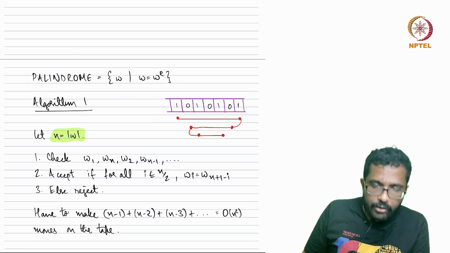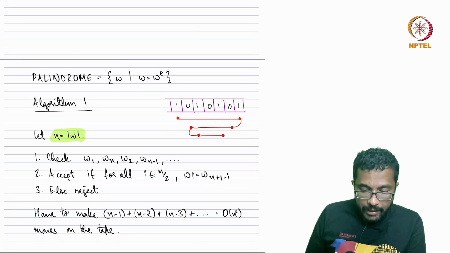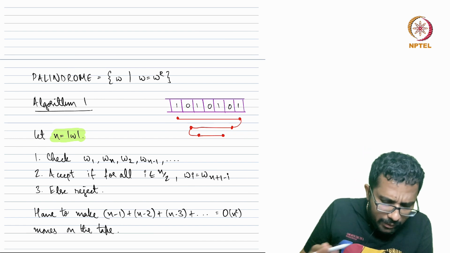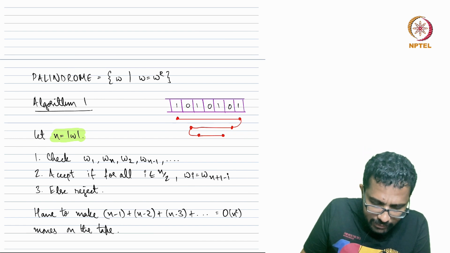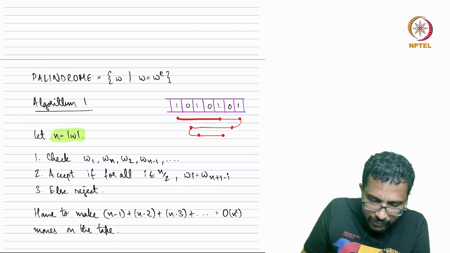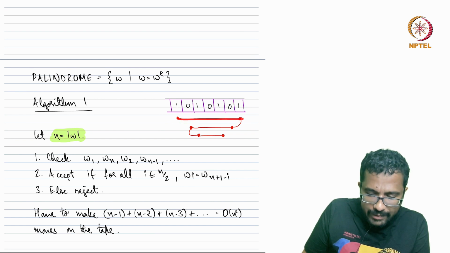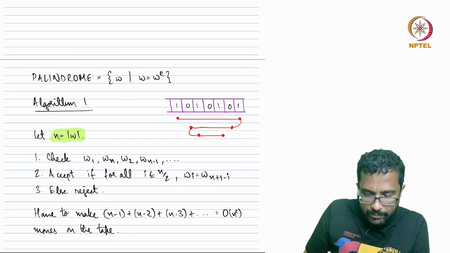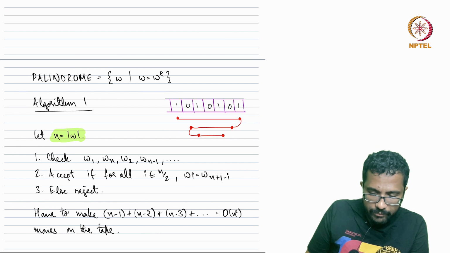And how much time does it take? Time, again, is the number of steps. So let us see what it takes. It starts from the leftmost point, and then it goes to the rightmost point. So this is n-1 steps. Then it comes back to the second point, which is n-2 steps. Then it goes to the third last, which is n-3 steps, and so on.